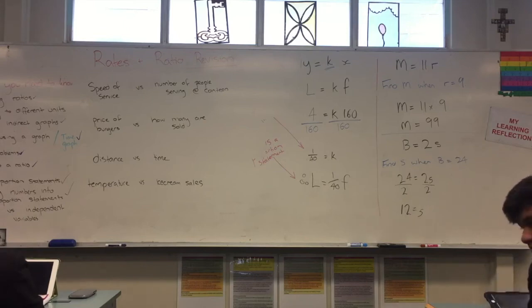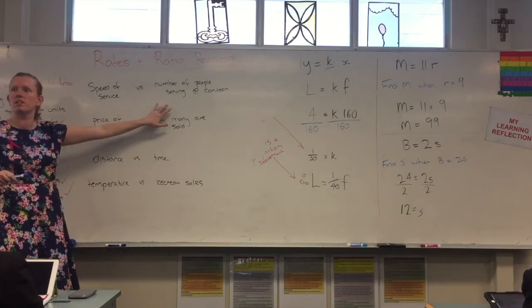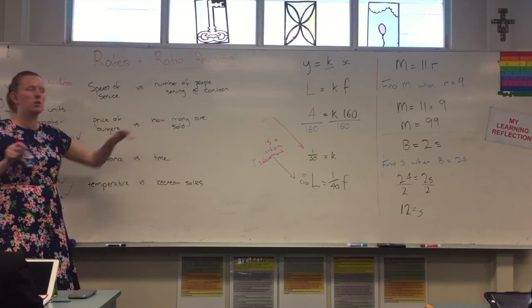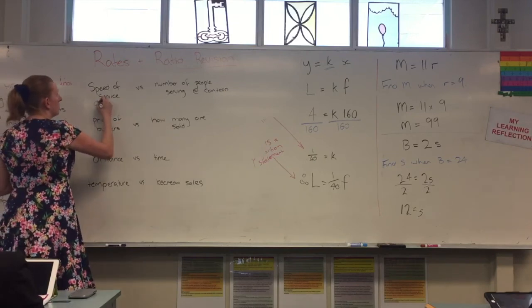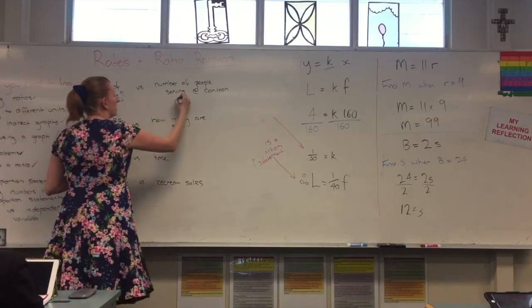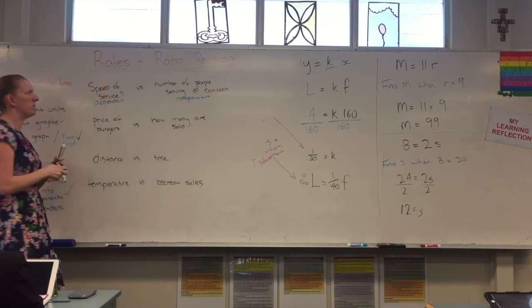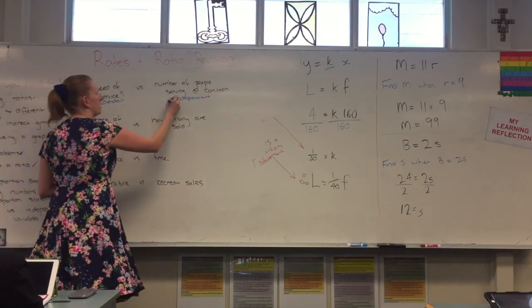If they've got 2 people or 3 people in there serving, the service is faster. So which one is independent? Daniel? The speed depends on the number. Awesome. This one's dependent and this one is independent. Great. The number of people that are there changes the speed.